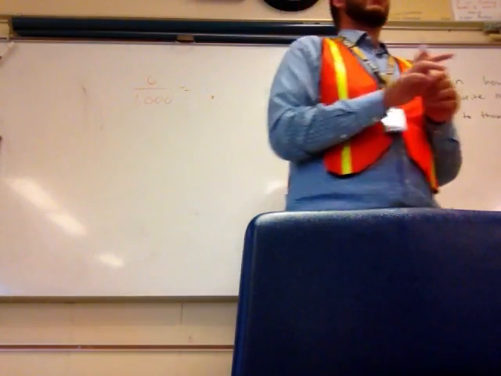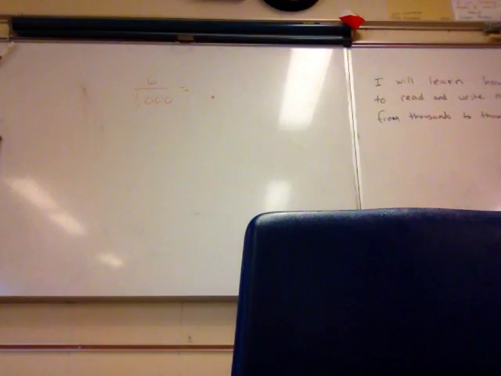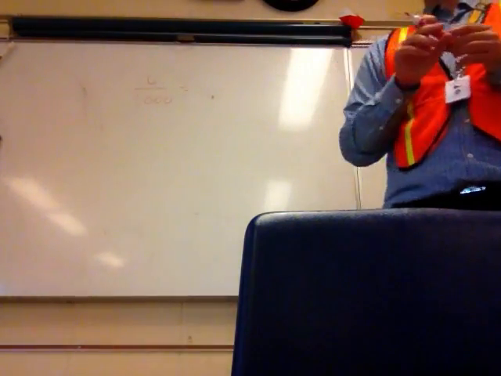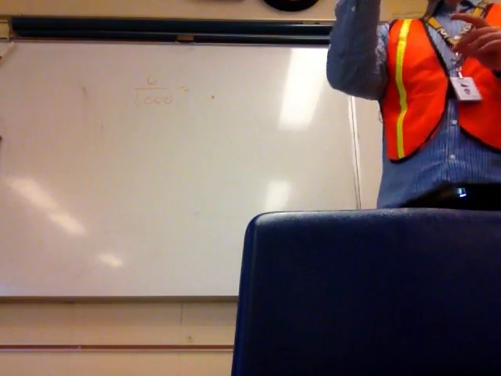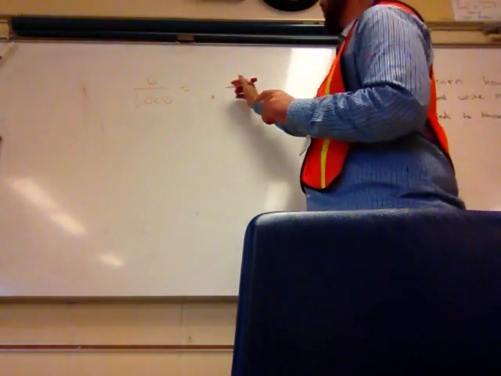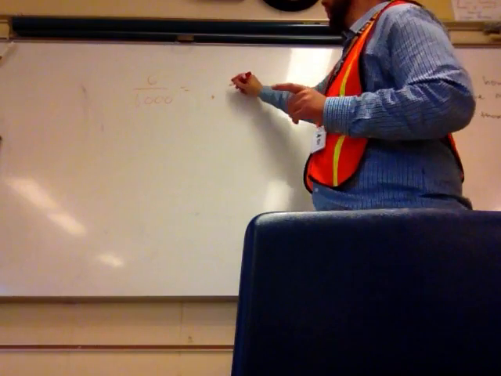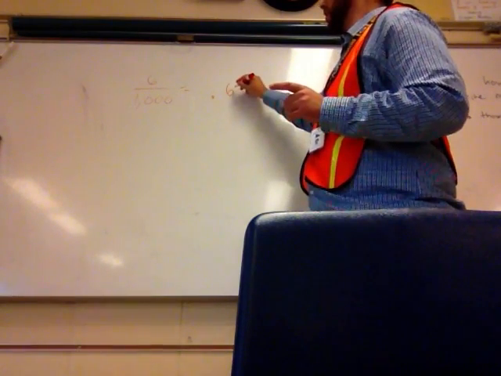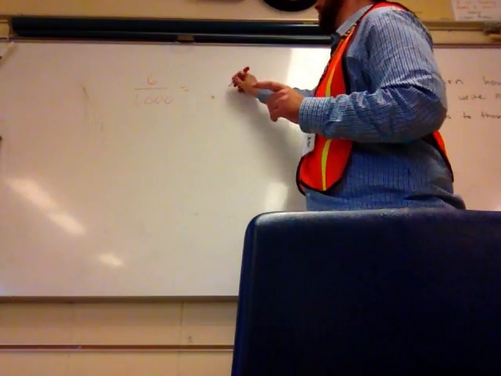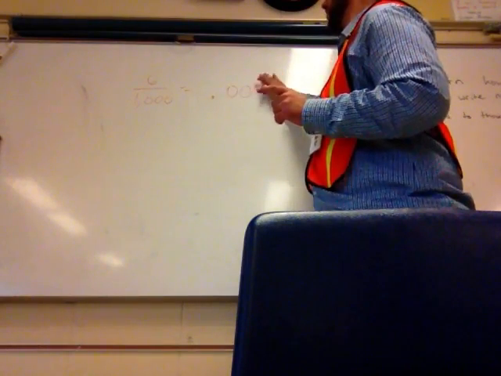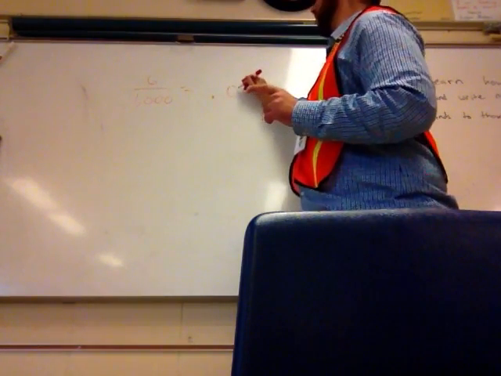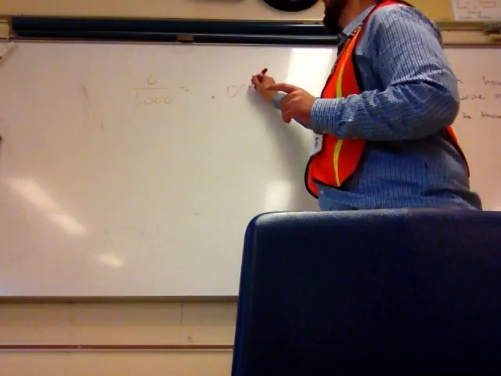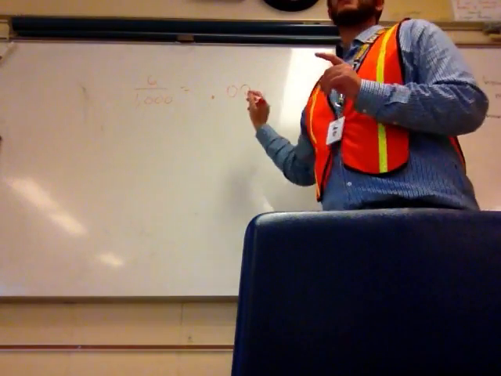Now how many places do I need in thousandths? 3. So what do I put here? A 0 and a 0 and a 6. Excellent. That is how we do that one.